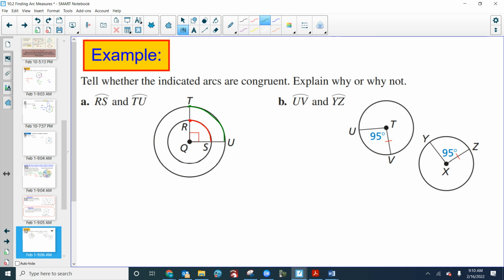Start with that one over there. Start with letter B. All right, give a reason. We're going to get into arc lengths soon.